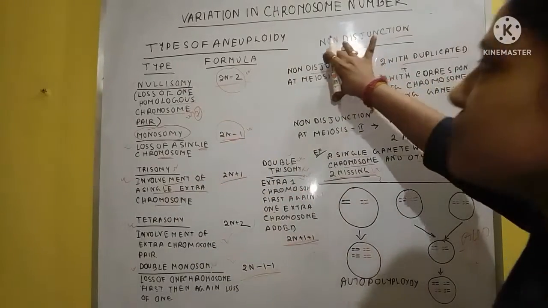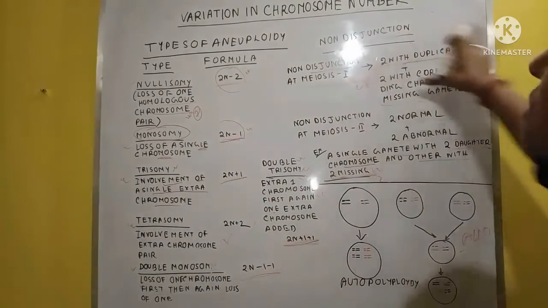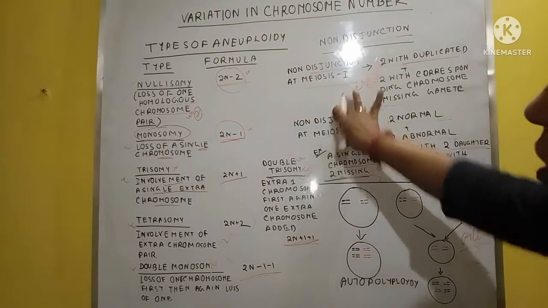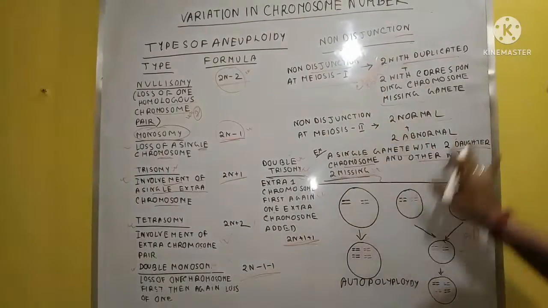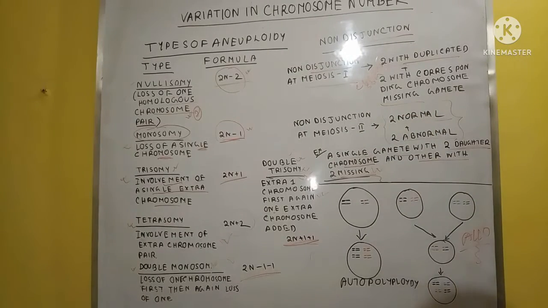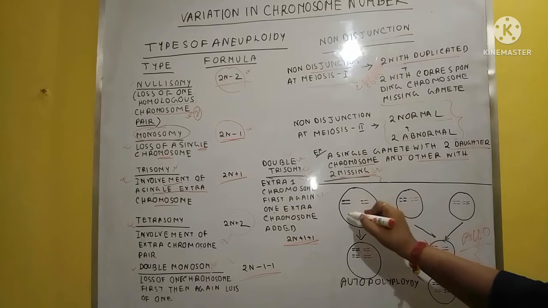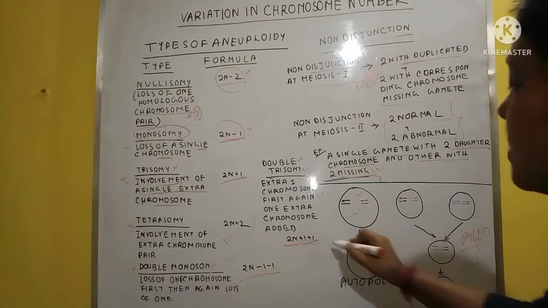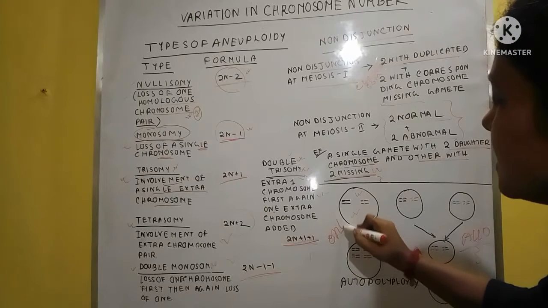If the non-disjunction process occurs in meiosis 1, one situation arises, and if it occurs during meiosis 2, then this other situation may occur. Clear? In the diagram, you follow that this is autopolyploidy and this is allopolyploidy. In autopolyploidy, the transfer of chromosomes is possible in only one species.